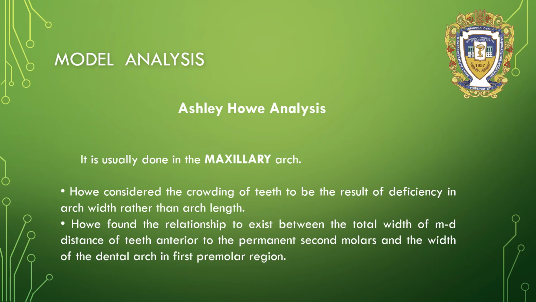Howe considered the crowding of teeth to be the result of deficiency in arch width rather than arch length. Howe found a relationship between the total mesiodistal width of teeth anterior to the permanent second molars and the width of the dental arch in the first premolar region.